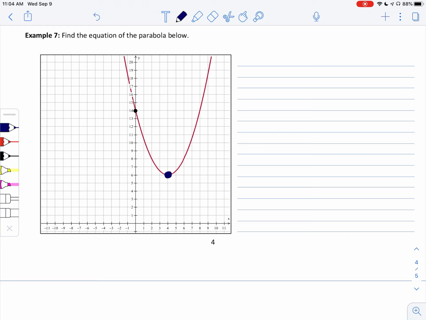We have our vertex point down here, and if you read that, it looks like it's a 4, 6. And then we have an additional point right here. It happens to be our y-intercept, but it doesn't have to be. And that one is at 0, 14.